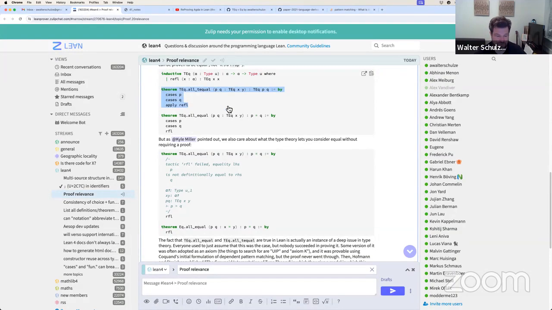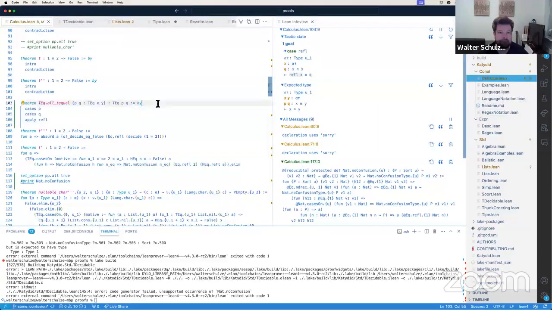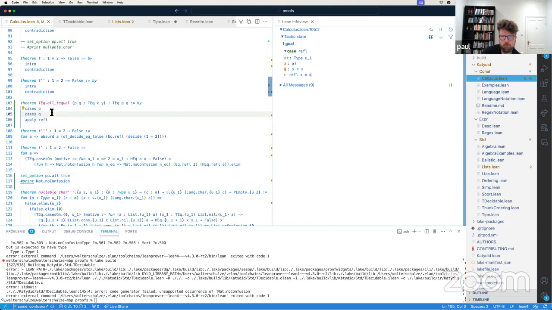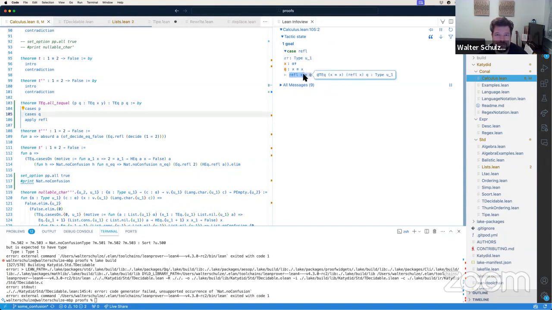It might actually be interesting to see this in action. So here we have x equals y, and we want to prove p equals q, and we do cases on p, which removes it and replaces p with refl x.